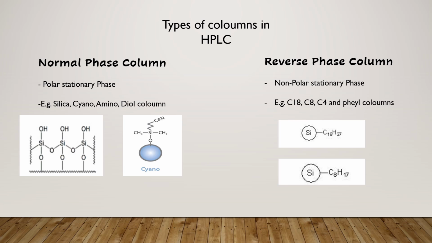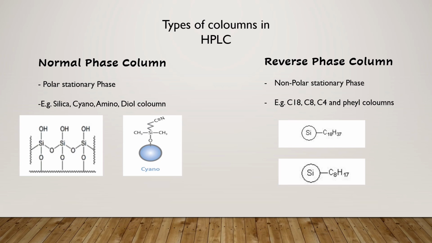So these reverse phase columns are non-polar in nature. This was done because the elution of polar analytes was taking longer run time. It was taking 1 hour, it was taking 30 minutes to finish one cycle of that analysis.